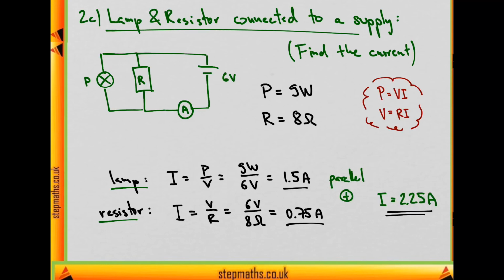Well, by Kirchhoff's current law, the amount of current flowing into this node must be the same as the amount of current flowing out. So we simply add the two currents from the two branches to get the current in the main part of the circuit, and that's 2.25 amps, which was option D.